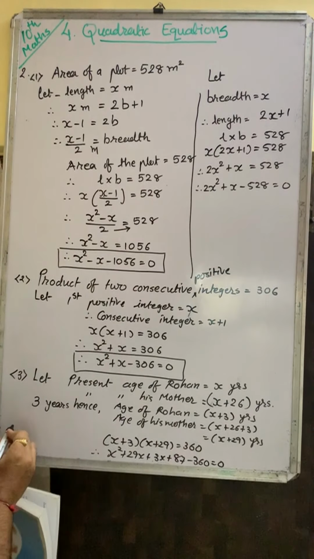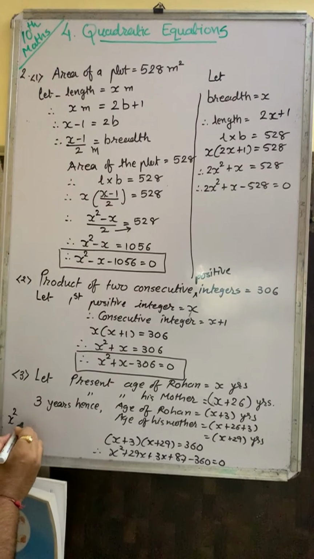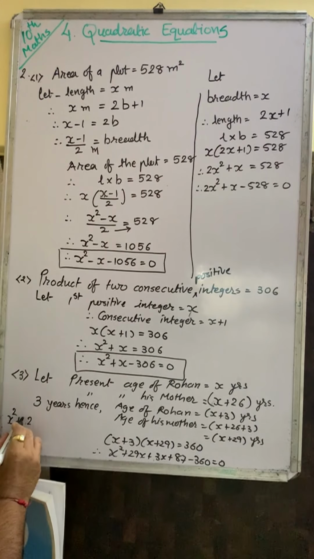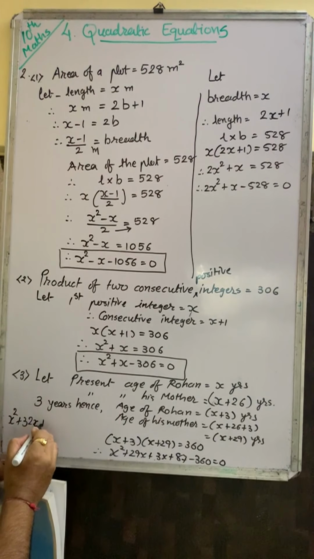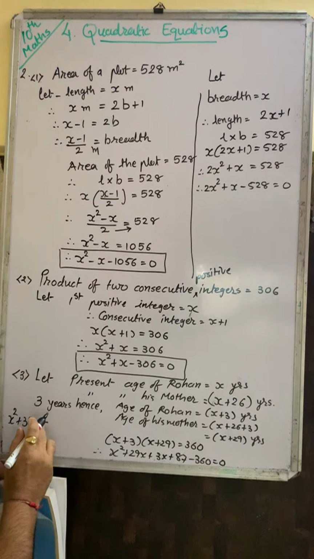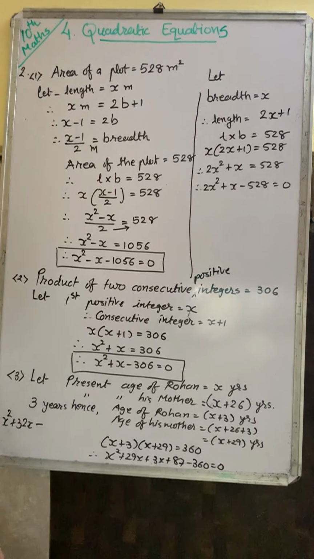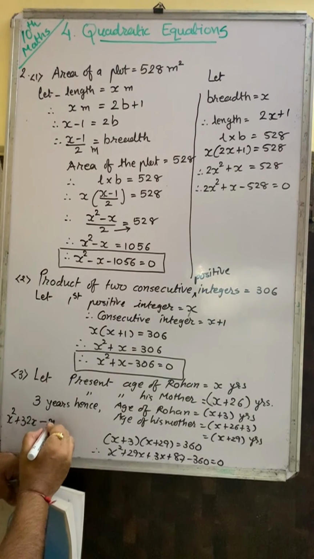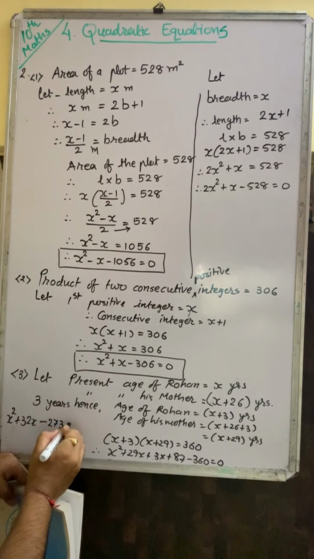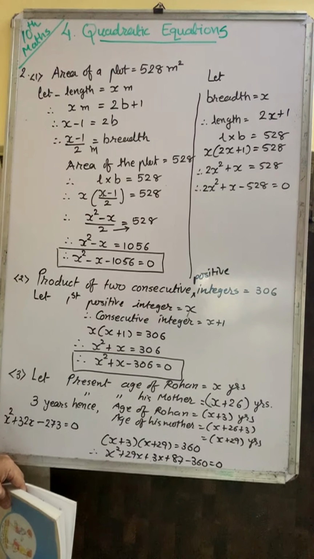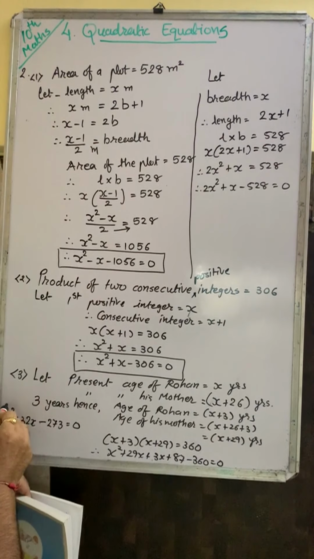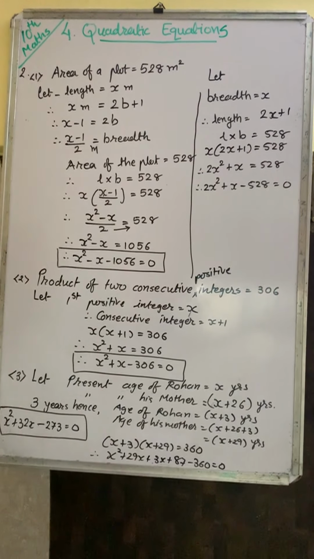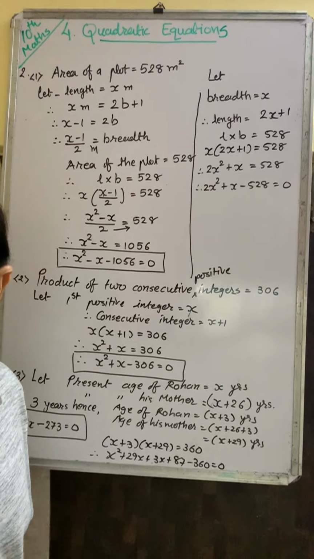Now simplify, you will get x square plus 32x, minus 360 minus 87, that is 73, equals 0. Okay, so this is the equation. Question number 3 is done. Now question number 4.